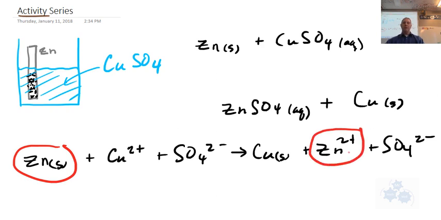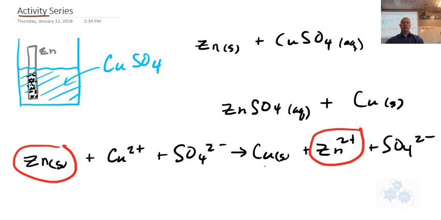Now to go from a solid to an ion, there's been some transfer of electrons. Has zinc solid given up or accepted electrons here in this process? Given up. So zinc is neutral here, and now it's 2+. So you see it just got rid of 2 electrons to become positive.